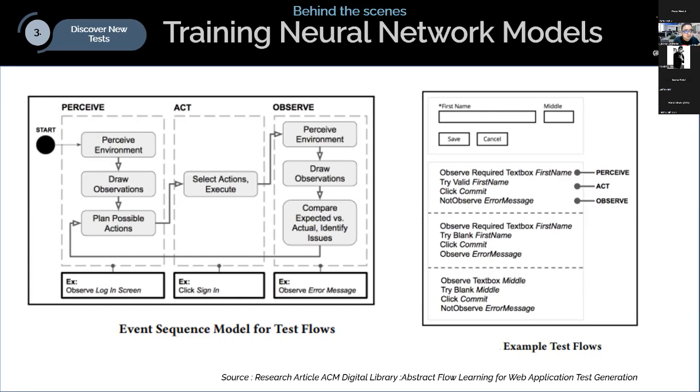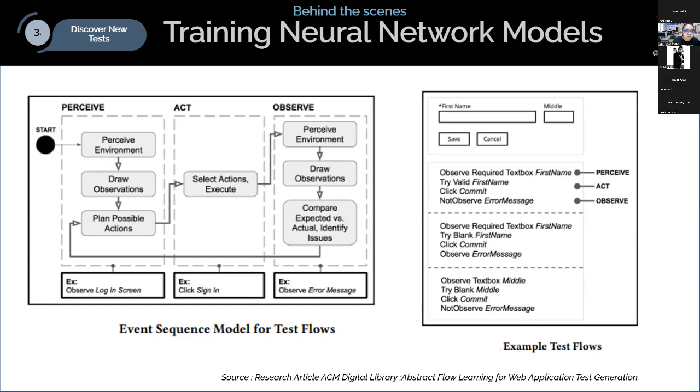The neural network model perceives that, okay, I need to log in, and then what all actions you can take on that, like click on the sign in button, say, for example. And what observations can this neural network model make, or what all test flows can it generate, right? So in terms of verifying if it's an error message, verifying if it's a success message. So neural network models work on this event sequence of perceive, act, and observe, right?